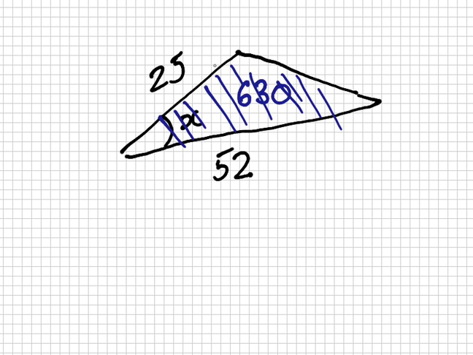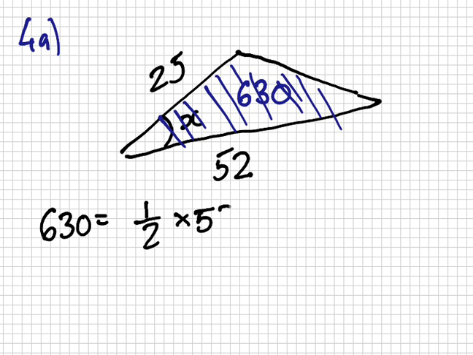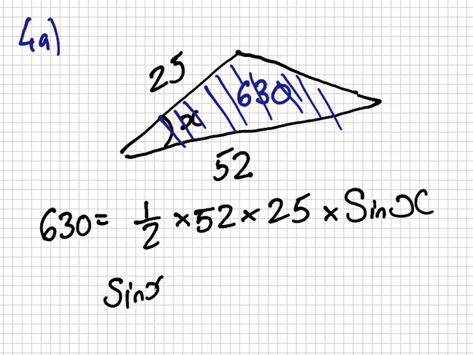No need to find the height here. So we just use our area formula. The area, which is 630, is a half multiply 52 multiply 25 multiply sine x. So that means sine x would equal 2 multiply 630 over 52 multiply 25.